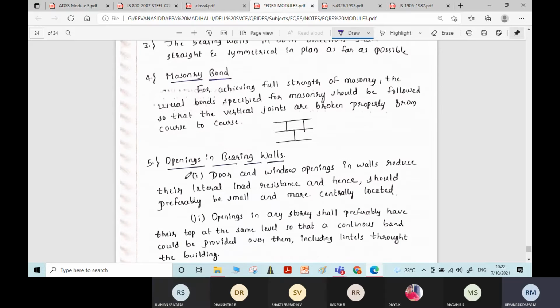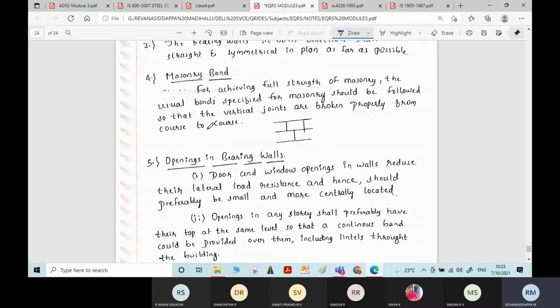Then coming to the masonry bond, there are different types of bonds available, like English bond and Flemish bond. You can use any standard type of masonry bond, which is specified in the textbooks or code book, to achieve the full strength of the masonry.